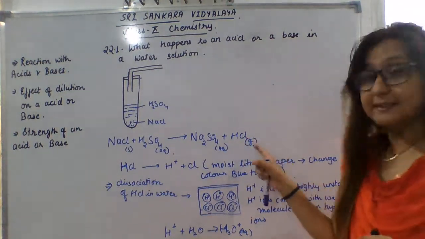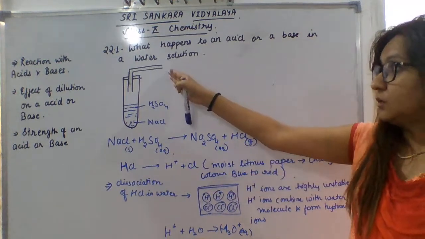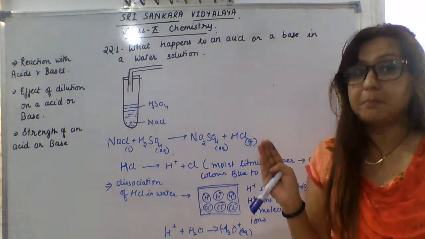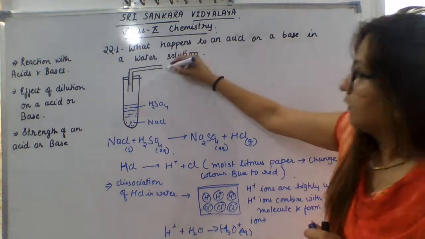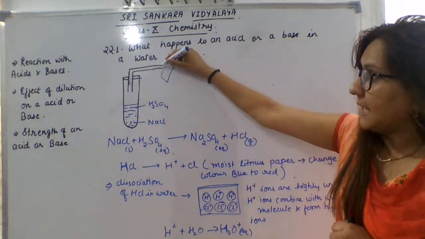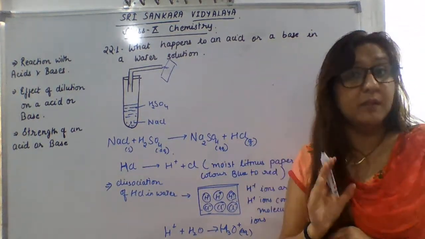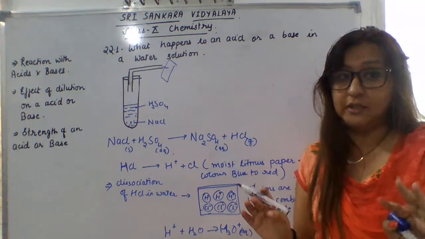So the HCl gas is in dry form. To check it, we will take a litmus paper close to it. When this gas comes to the dry litmus paper, the color will not change.